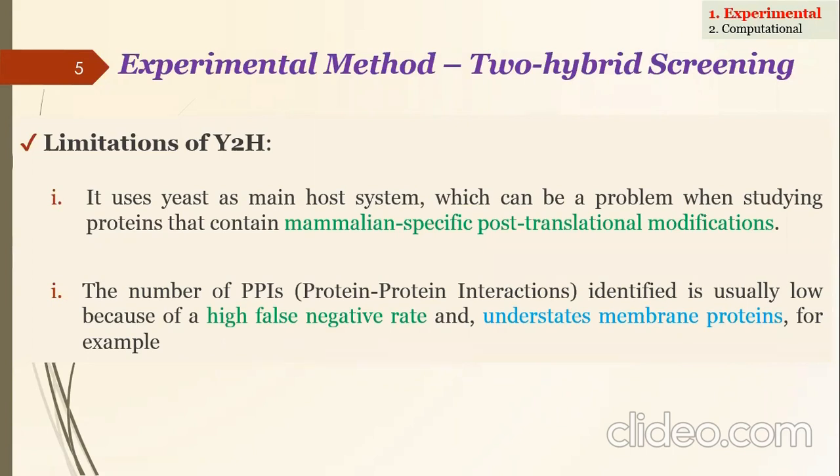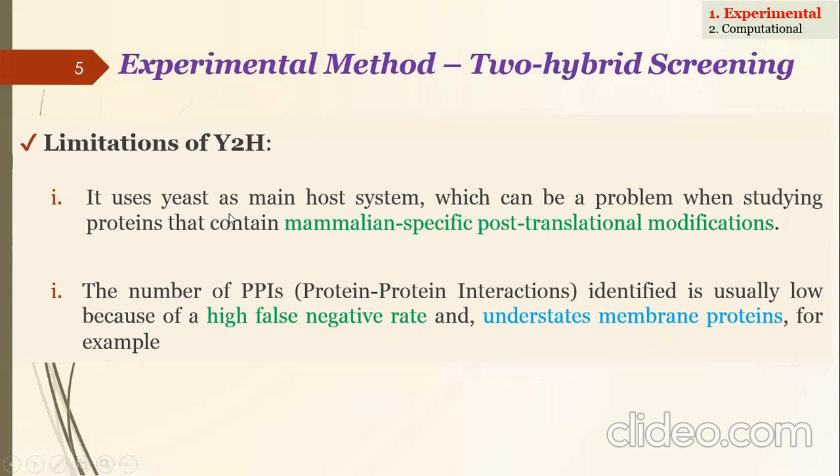This will be the same thing if we want to know whether two proteins are interacting or not, and if they are human proteins or mouse proteins, and we are expressing those in the yeast. Maybe those two proteins interact in the yeast, and we say that these two proteins are interacting.